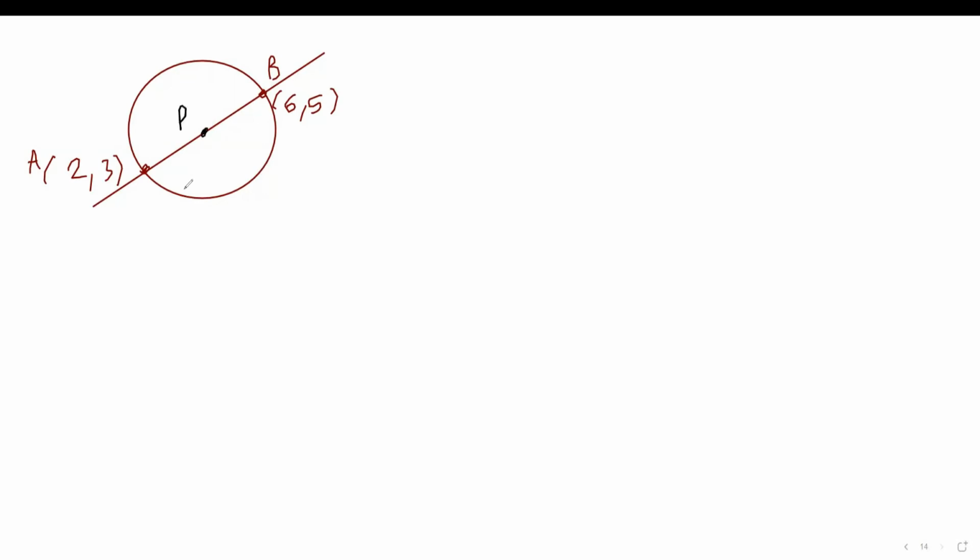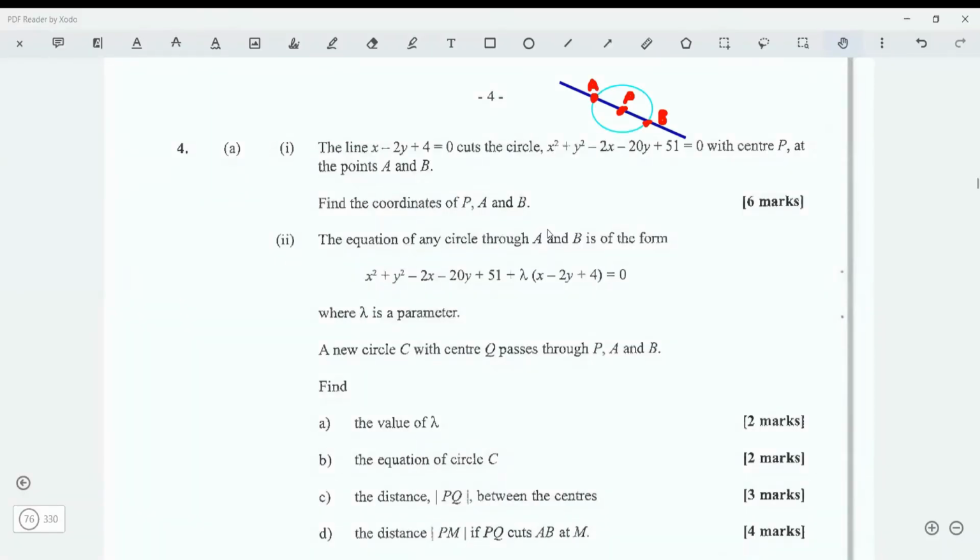So if P is the midpoint, 2 plus 6 is 8, so 8 over 2, comma, 3 plus 5 is 8, 8 over 2. So the center is 4, 4. That's one way you could have found P, Marika. Cool with that? Yes.